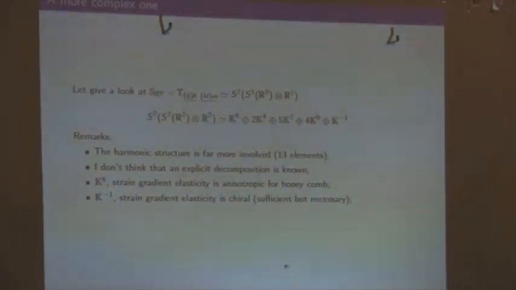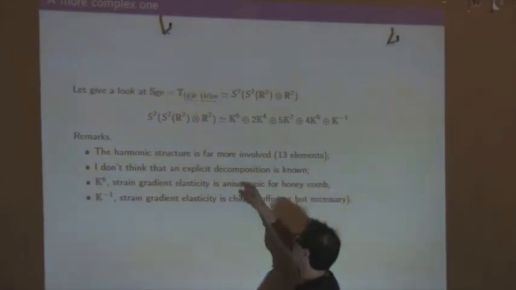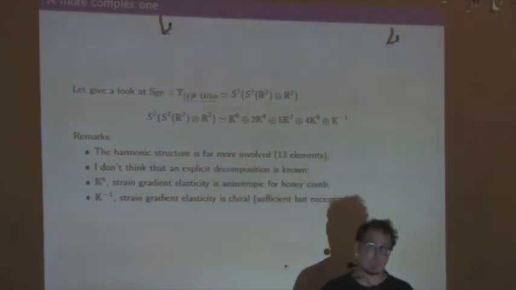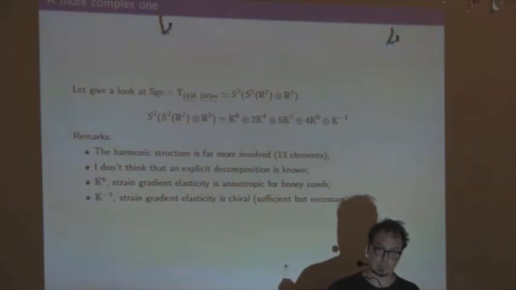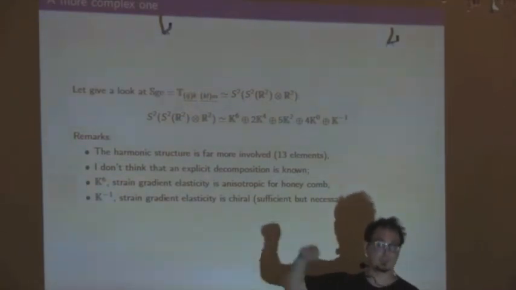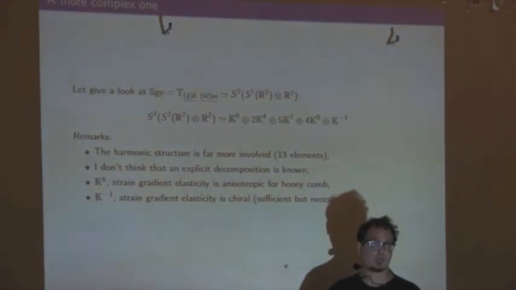And another thing that can be read directly from this decomposition is that you have a space K6, which is the space responsible for the anisotropy of your behavior for a hexagonal cell.